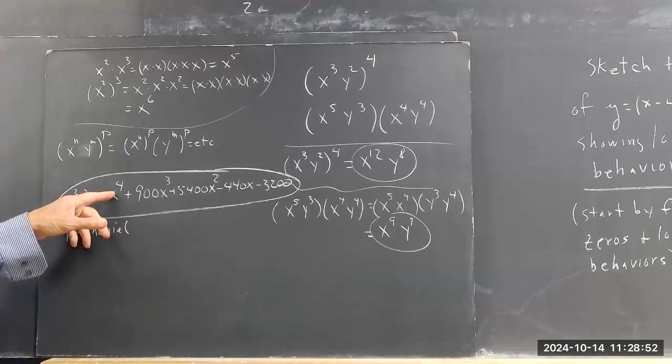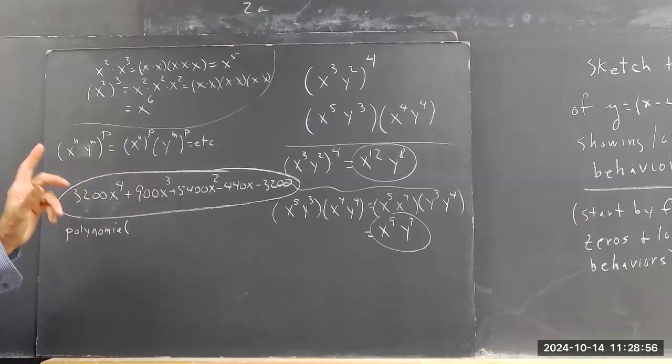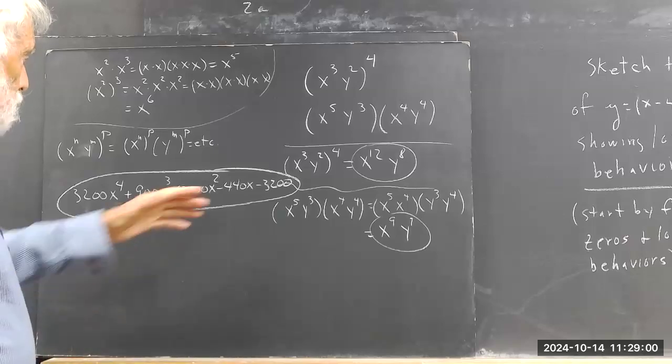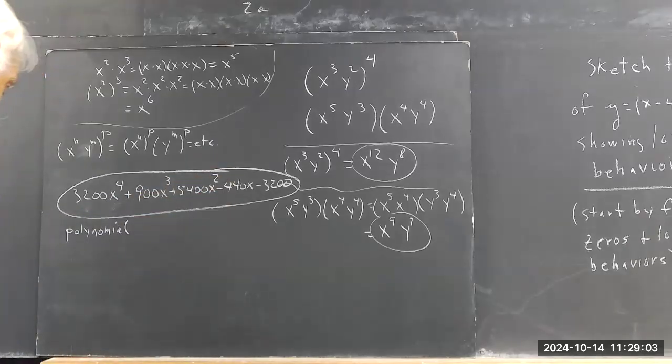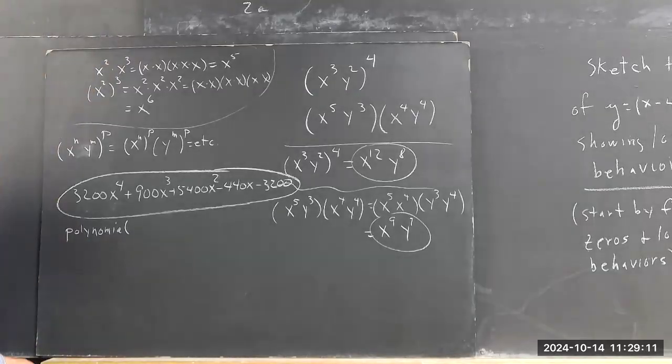You don't have a 4.5 power. You don't have a 3.02 power. It's 4, 3, 2, 1. And this is a 0 power. As you find out, any x to the 0 is 1. Anything to the 0 power is 1, one of the rules of exponents. Okay, so this is called a polynomial.